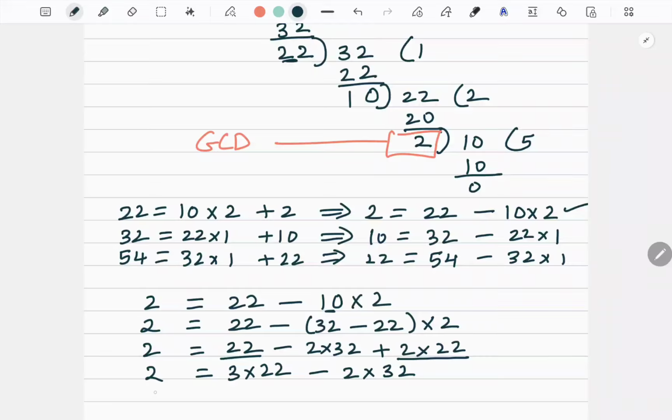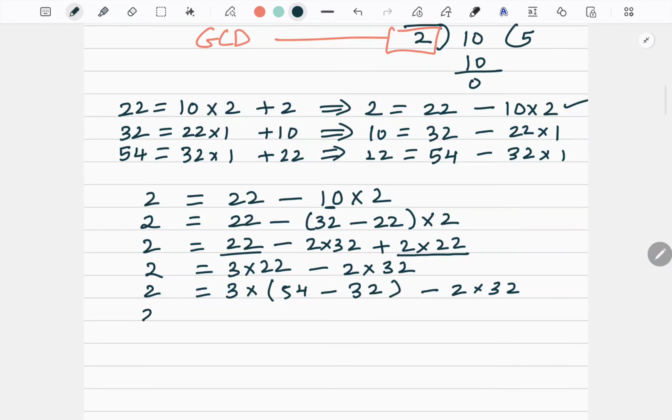Now I will replace 22. So 2 is equal to 3 into 22. 22 will be replaced by 54 minus 32. Minus 2 into 32. Correct? Now 2 is equal to 3 into 54 minus 3 into 32 minus 2 into 32.